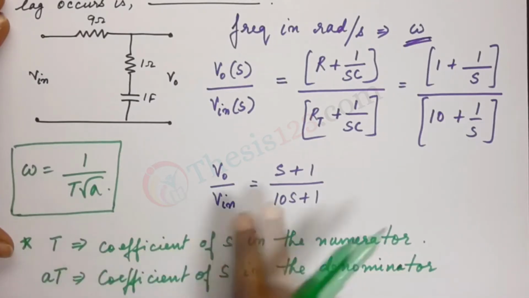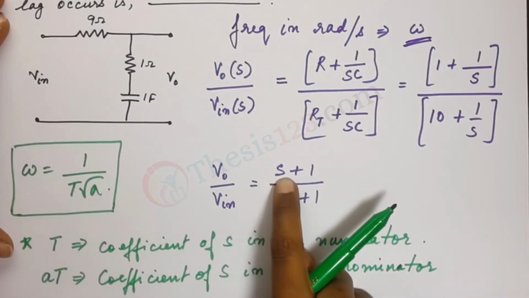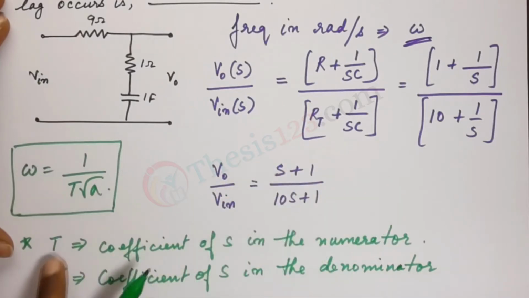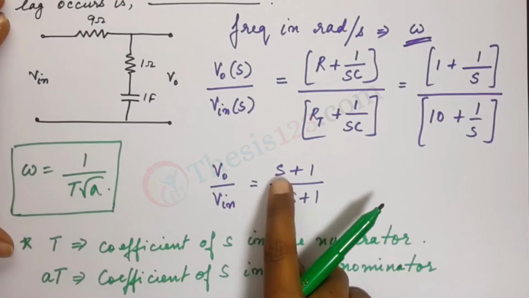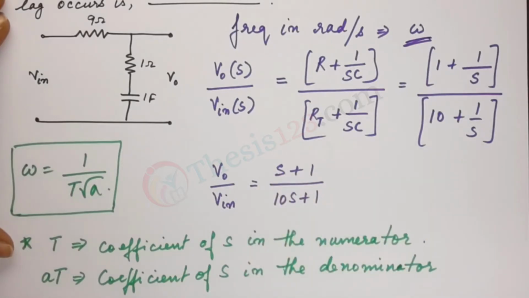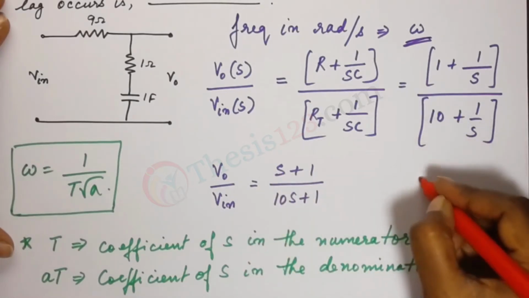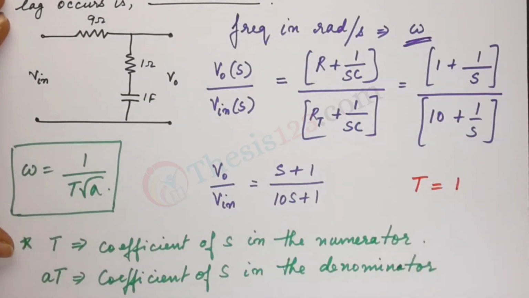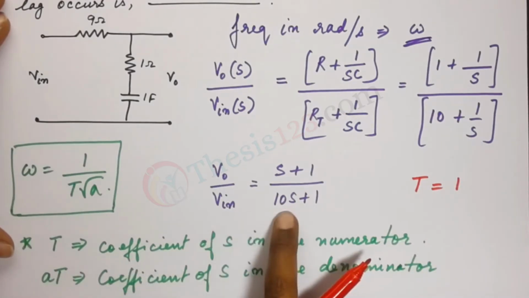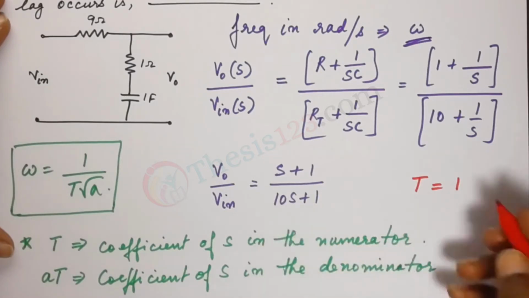So if we look at the numerator over here corresponding to the output, T is the coefficient of S. So we see that the coefficient of S is 1. So from here we get that T is equal to 1. And AT corresponds to the coefficient of S in the denominator. So AT is equal to 10.